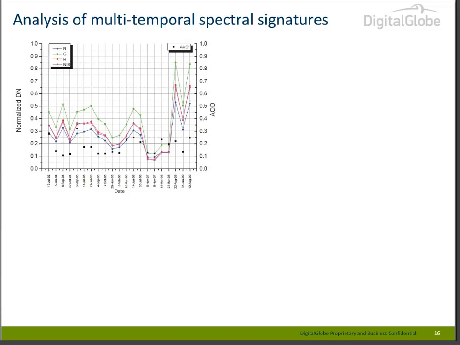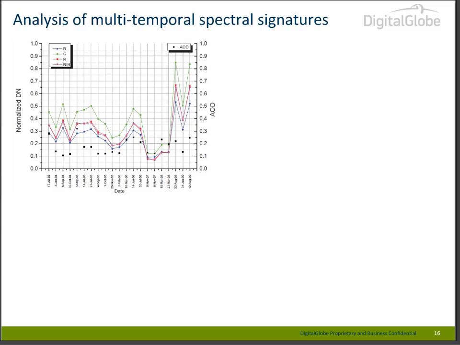On this other axis, we also have the aerosol optical depth, or AOD. The AOD is the inverse of the visibility. So the lower the AOD, the higher the visibility.